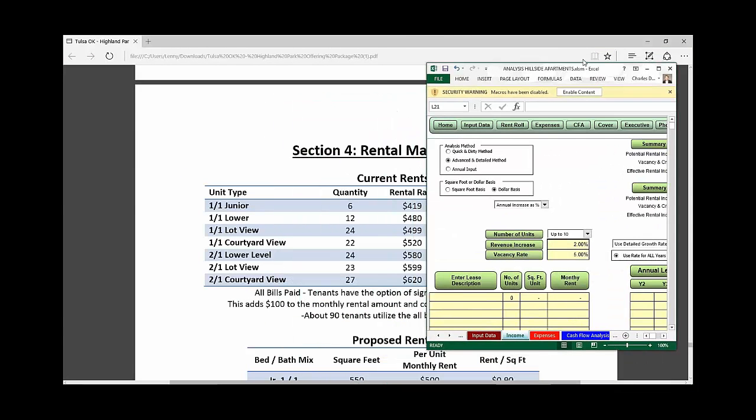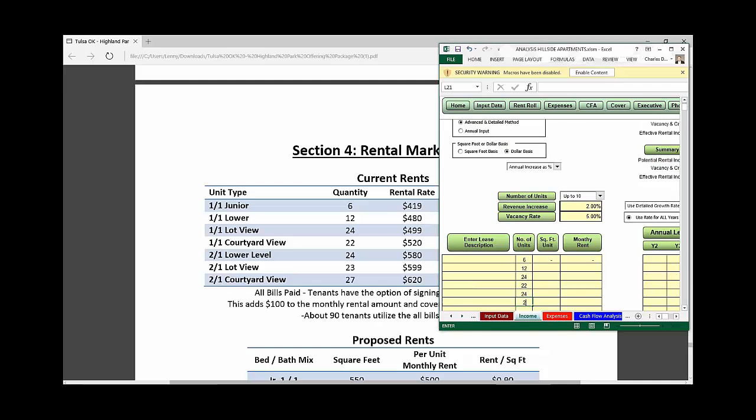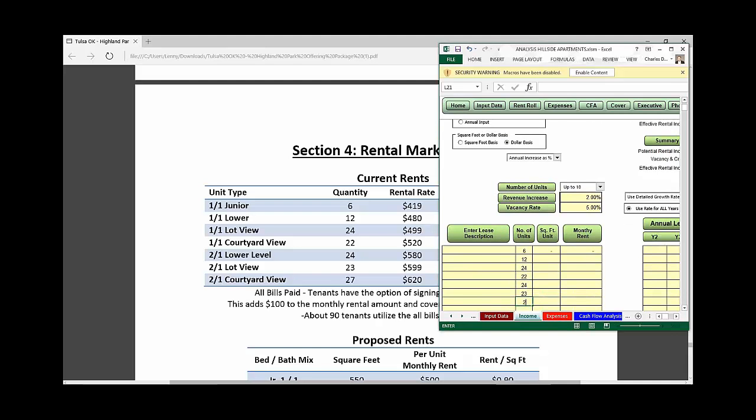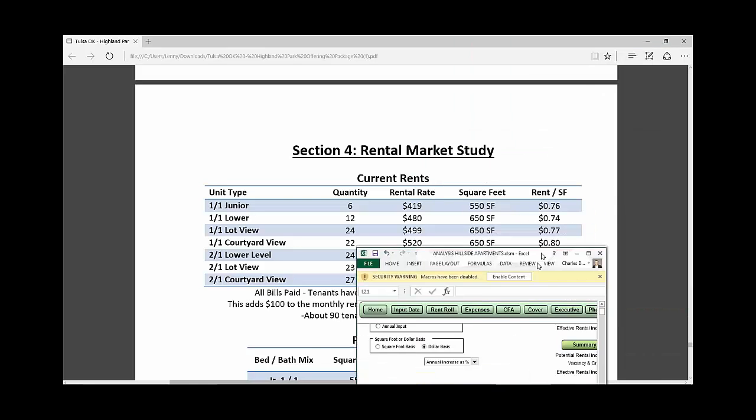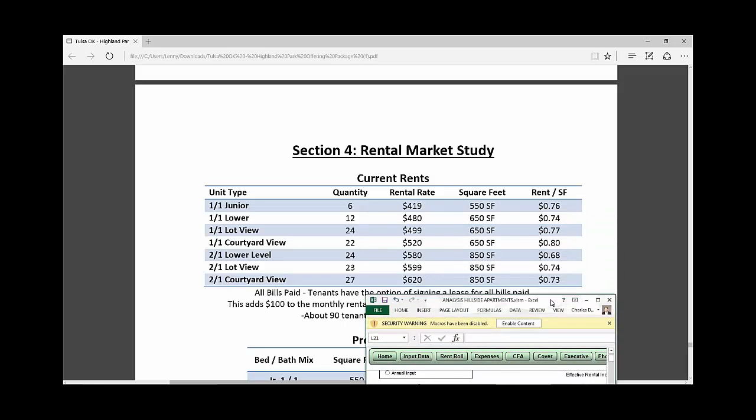What I'm going to do here is put in these numbers: 6, 12, 24, 22, 24, 23, 27. All right, and I'm going to put in the monthly rent. Remember, the current rents are all right here.